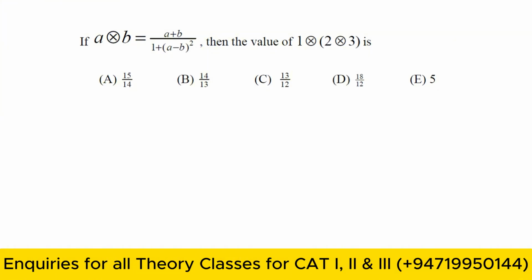So they gave 5 answers: 15 over 14, 14 over 13, 13 over 12, 18 over 12 and 5.